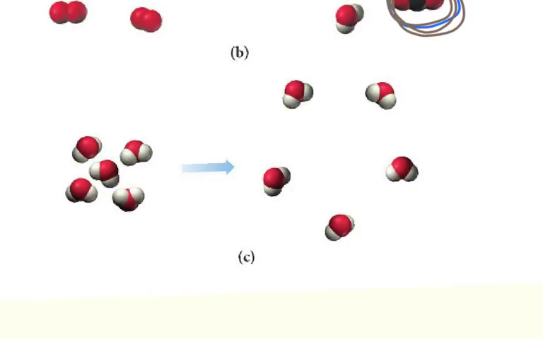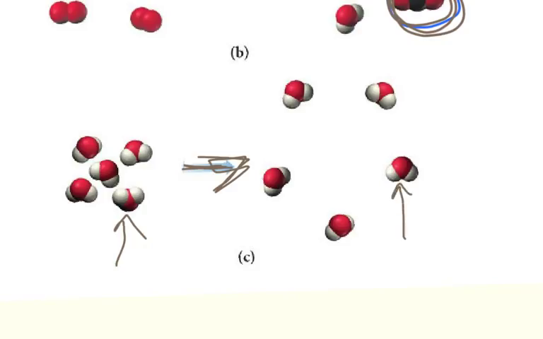C, we have water on the left-hand side here. These water molecules are close to one another. So this is a pure substance in the liquid phase. Some sort of change happens. As a result of this change, these molecules are spread farther out, but it's still water.